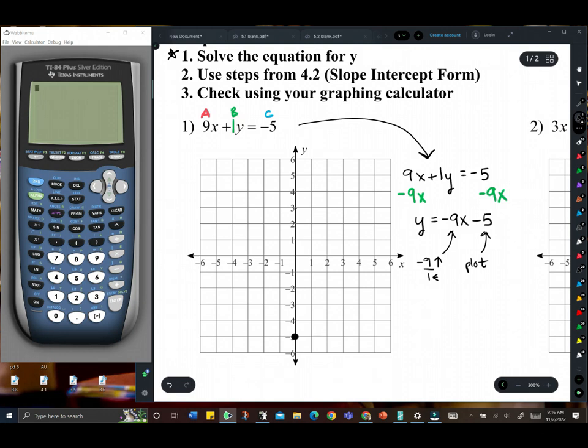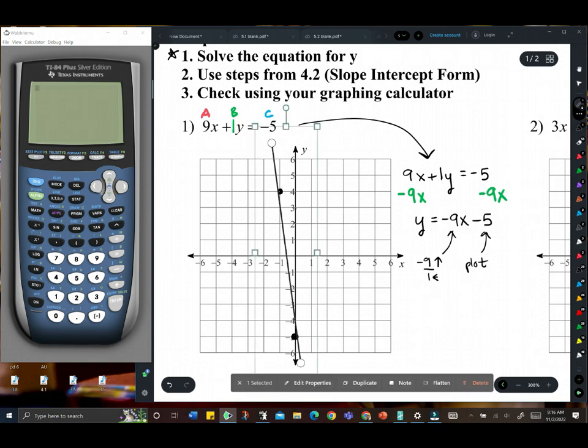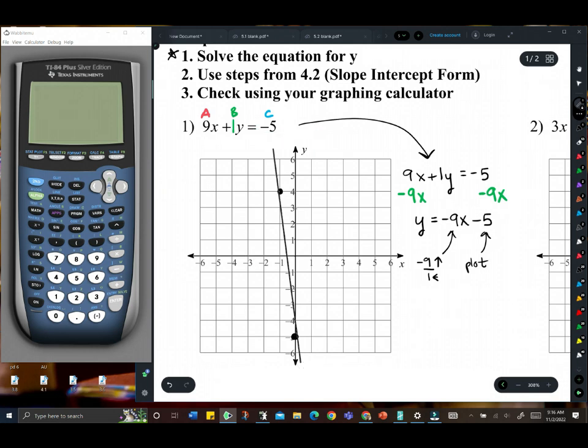So I'm just going to plot up 9 points, to the left 1, there they are, and connect those 2 points. Once you have that, that is pretty much graphing from standard form.